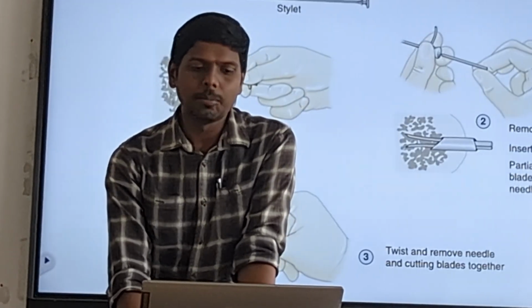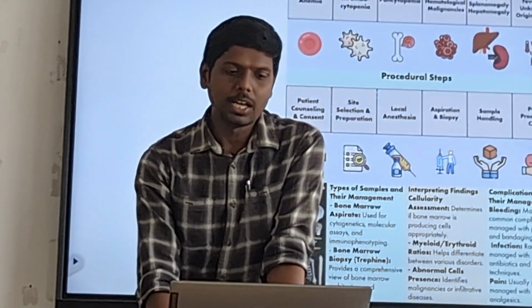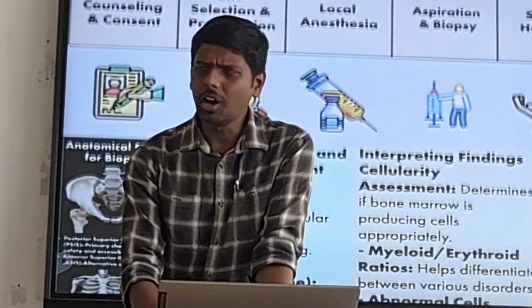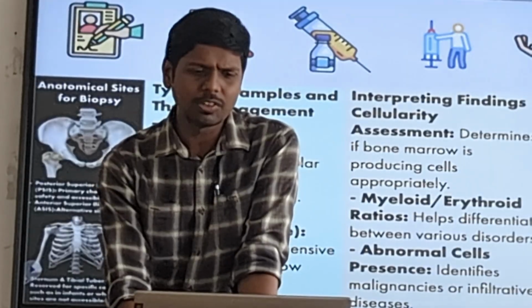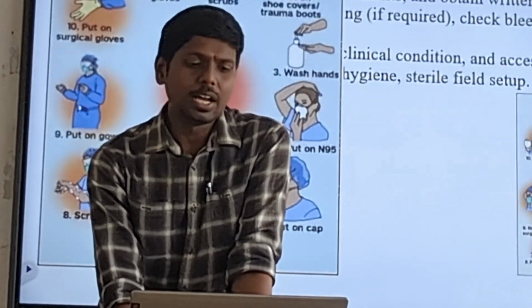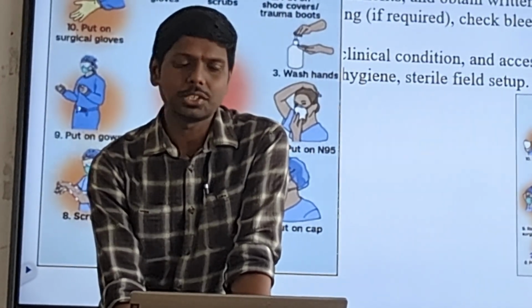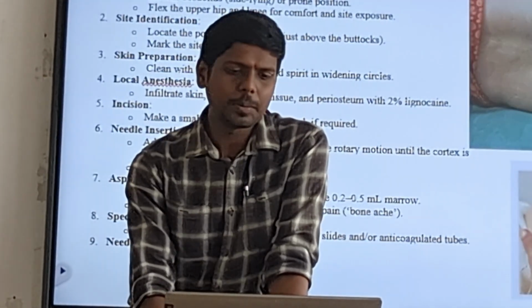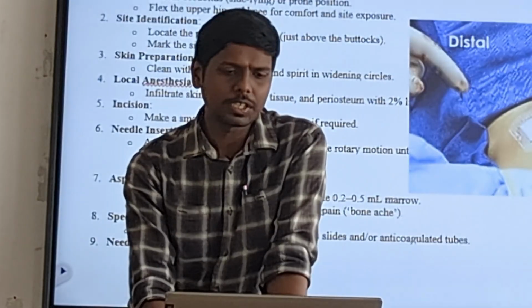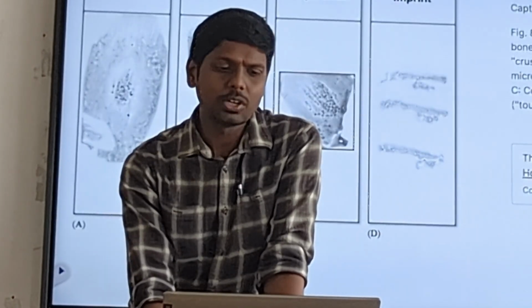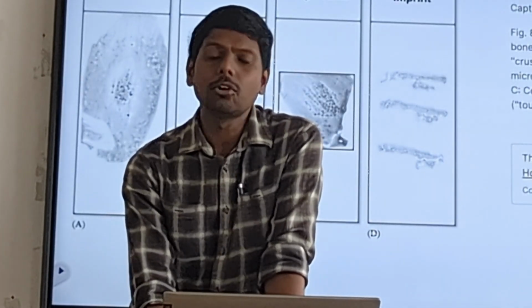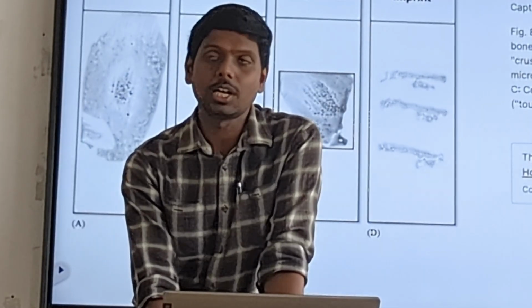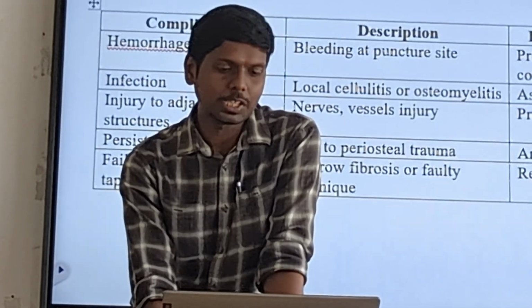Then we discussed the procedure, contraindications, anesthesia, everything, complications, and sterile conditions such as donning and doffing of PPE. Then we discussed patient preparation, procedure, etc. After that we discussed how to qualify a good sample, the parameters to qualify a good sample.